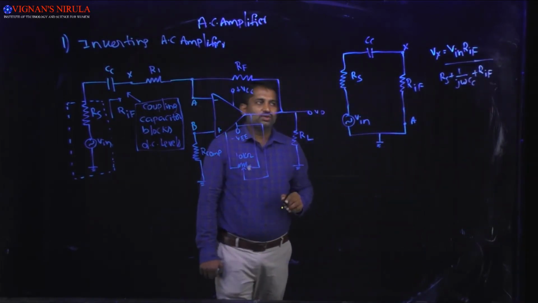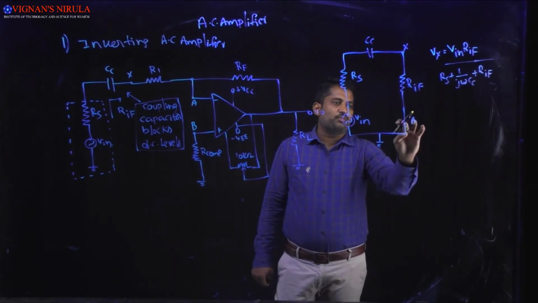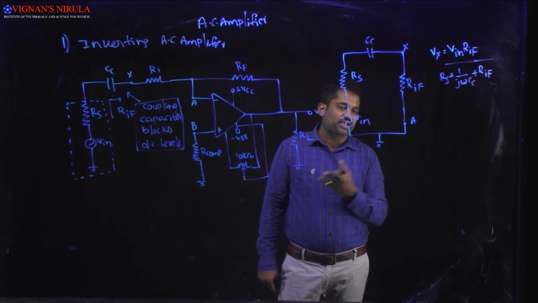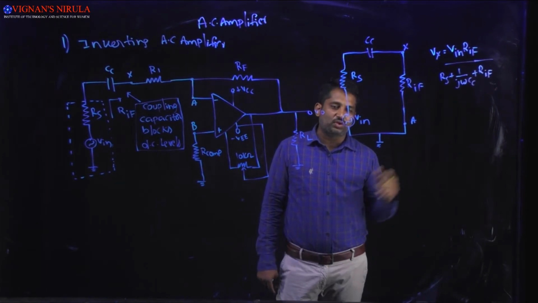So solve that value Vx. Both are at the same potential, so VA will be equal to Vx, then we can directly write V0 is equal to minus Rf by R1 into Vin.